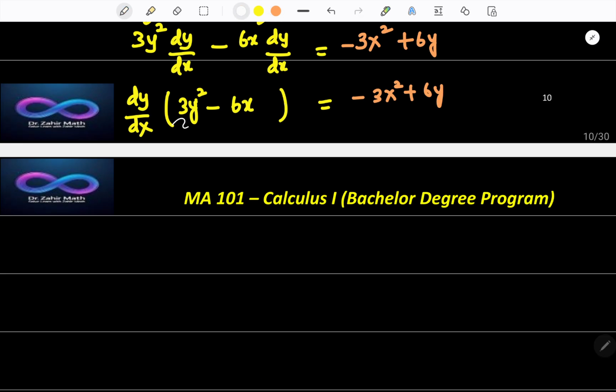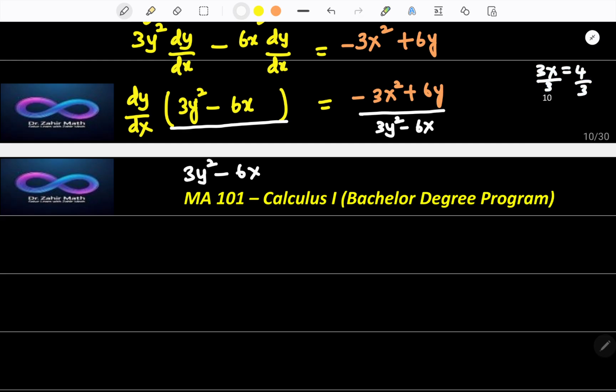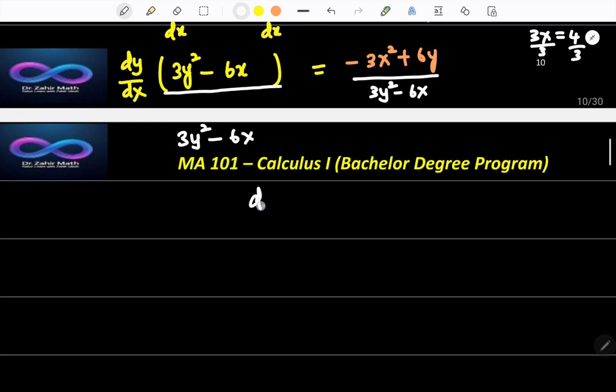So we are going to divide by this number, 3y square minus 6x. Same like, suppose you have 3x is equal to 4, what will you do? You divide by 3. The same idea. So dy by dx is equal to minus 3x square plus 6y divided by 3y square minus 6x.